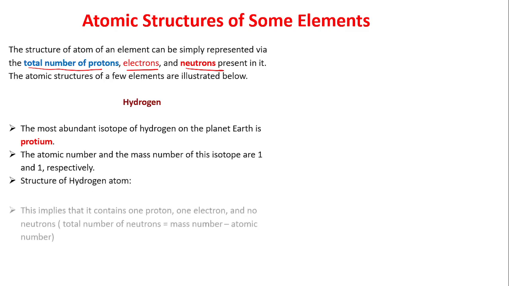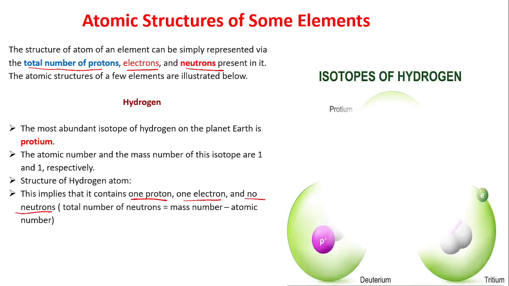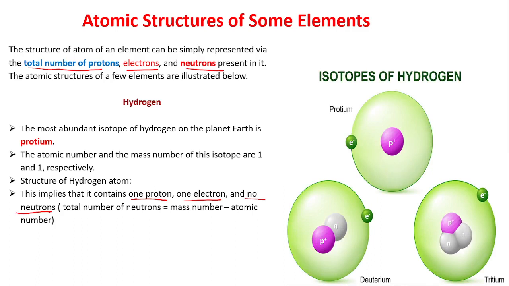So for protium, it only has 1 proton, 1 electron, and no neutrons. Okay, I think that is clear.